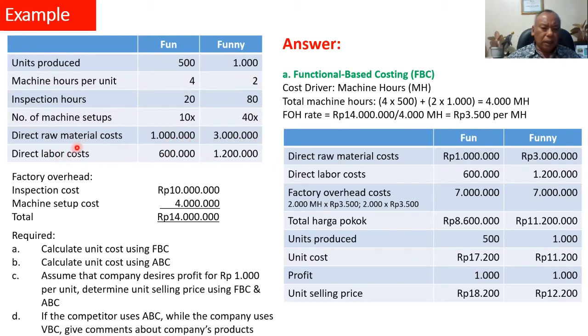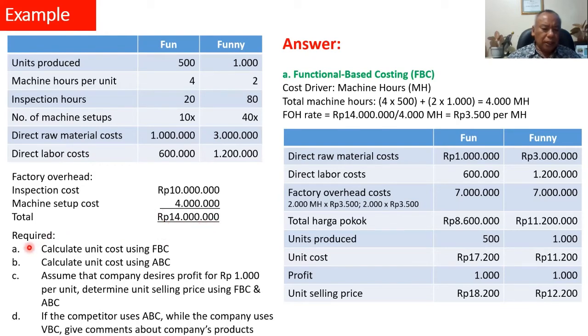Direct labor costs are 600,000 for Fun and 1,200,000 for Funny. The factory overhead costs, inspection costs and machine setup costs, total 14 million.